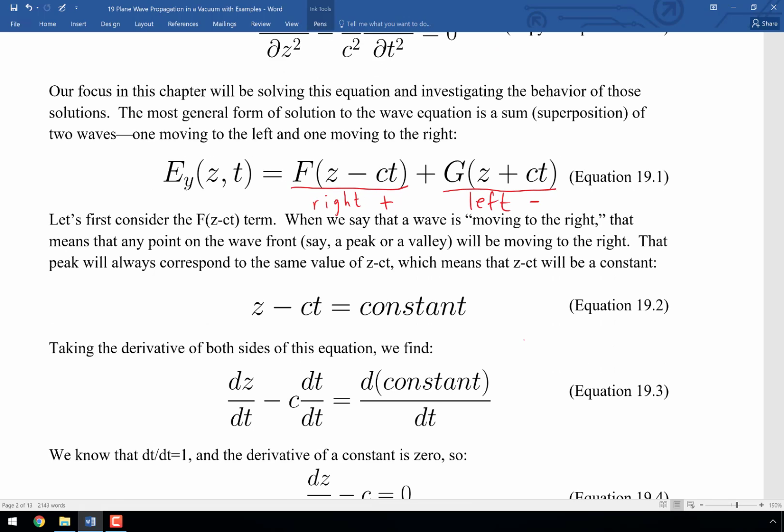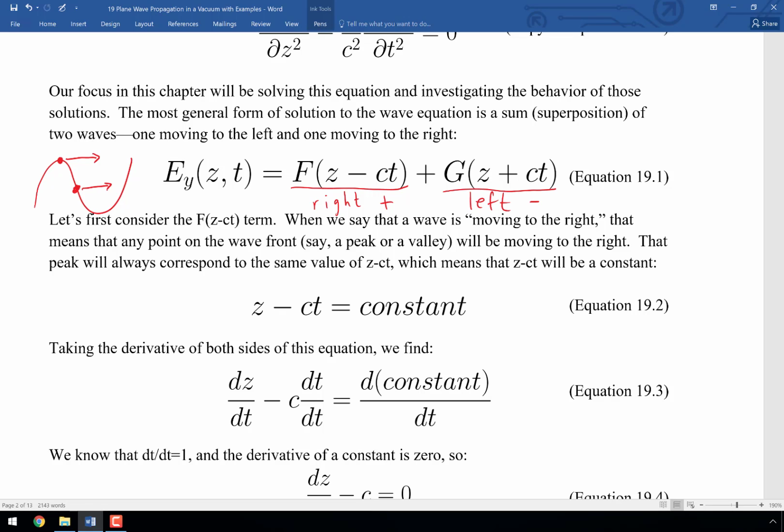So let's take a minute and consider what would happen when we say that a wave is moving to the right at a certain velocity. If you have a sine wave, and that sine wave is moving toward the right, then you can look at any particular point on that sine wave, whichever point you'd like to choose, and you're going to see that it's moving at a constant velocity toward the right.